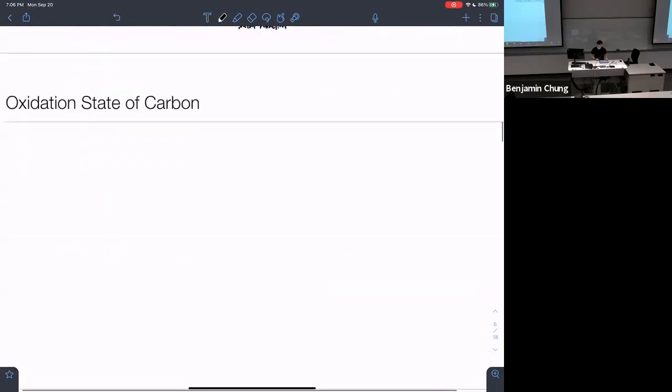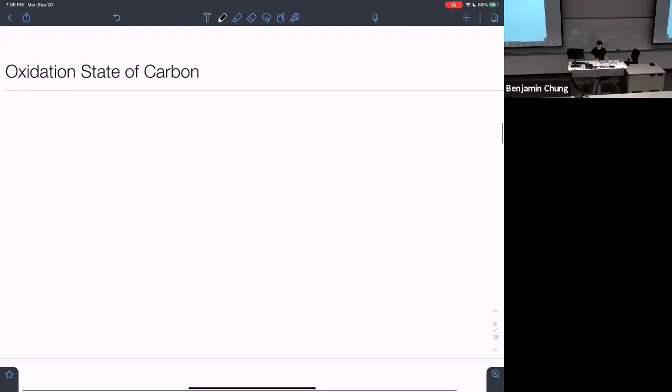Okay, before we go to our halfway break, I just want to talk about the oxidation state of carbon. So I'm sure you've learned in your other courses, oxidation and reduction in chemistry have very specific meanings. So loss of electrons is known as oxidation.